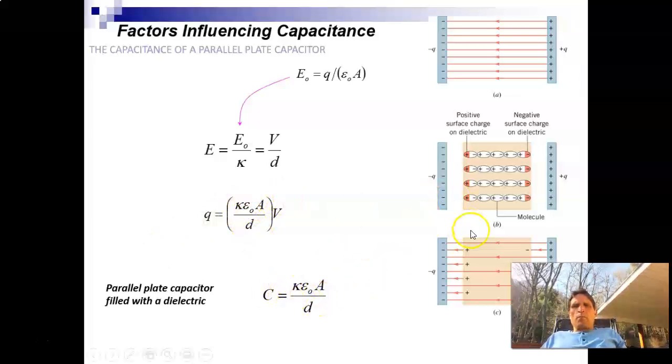And so that's the purpose of putting either waxed paper or a polymer or ceramic or mica or something between these plates, is we reduce the electric field, which allows us to increase the capacitance or the ability of this capacitor to store charge. Okay, so this is the general equation for capacitance, and K, the dielectric constant, is equal to roughly 1 with air, and then we get back our original formula.